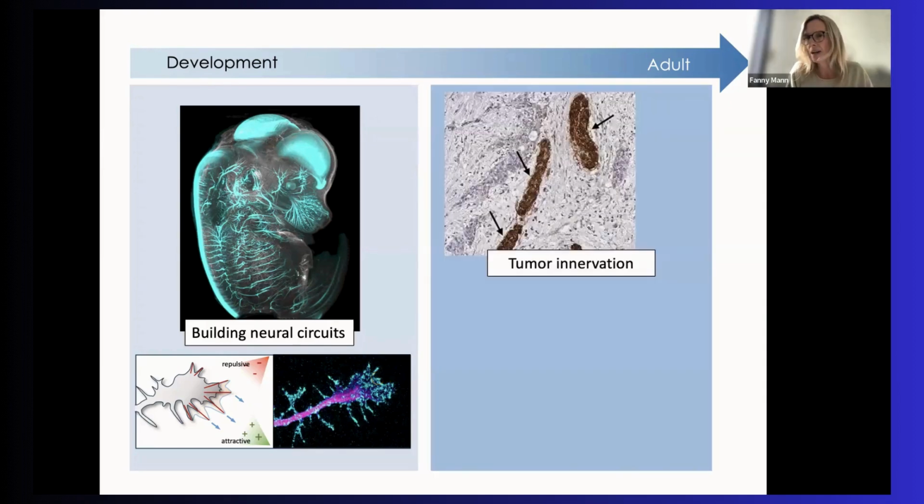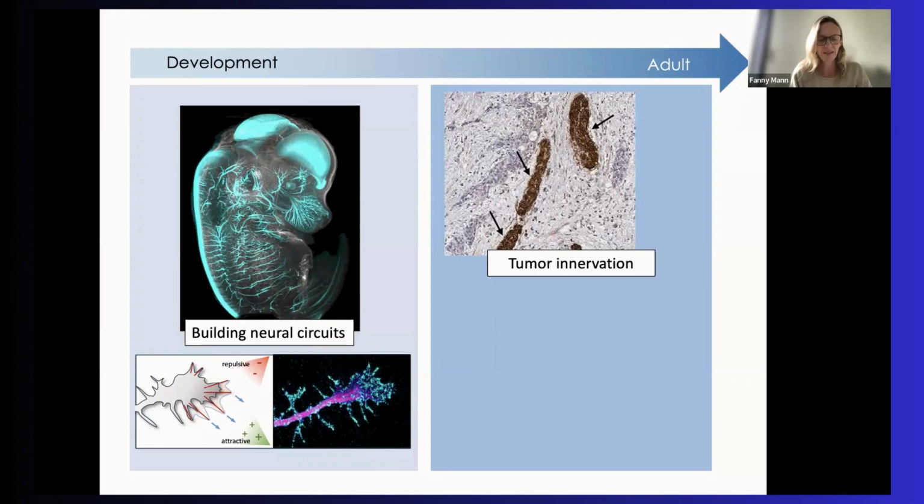And it is now more and more established that solid tumors are indeed innervated. And there is evidence for the presence of nerves or nerve fibers in several types of cancer, including head and neck cancer, pancreatic cancer, prostate, and also breast cancer.